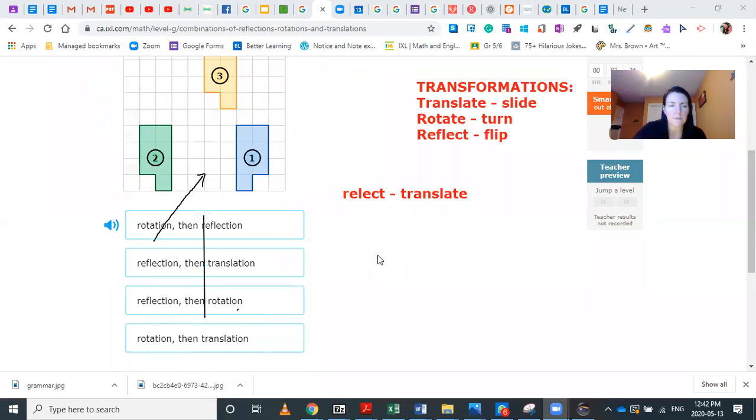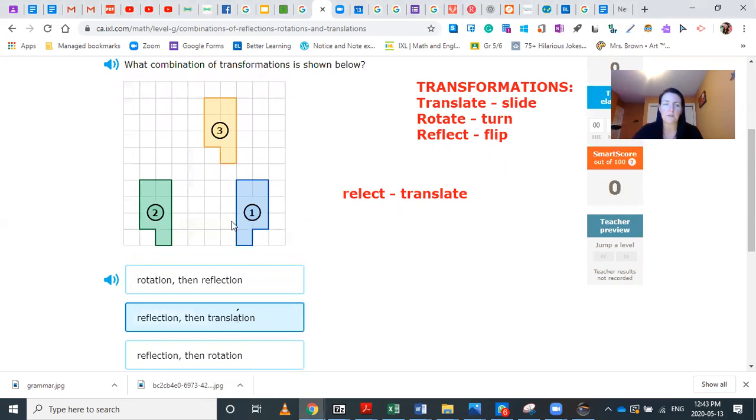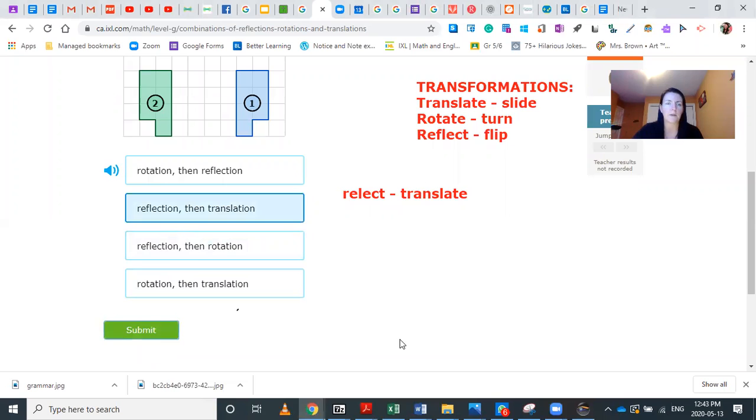Let's look at the options that they've given to us. First, reflection. There are 2 options with reflection. This one, translation. So it's first reflection and then translation. That is the option that we're going to pick for this specific question.